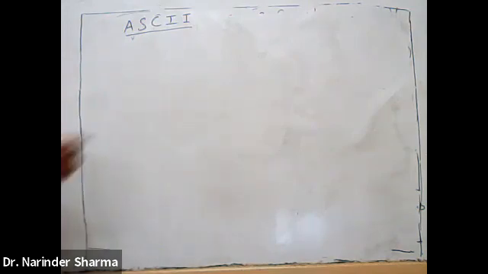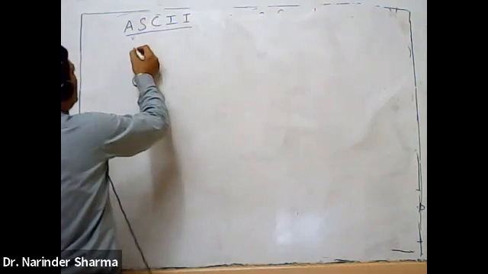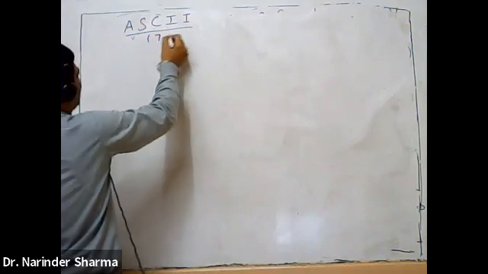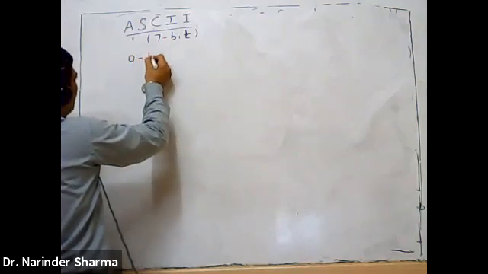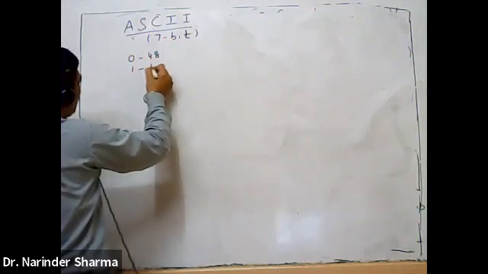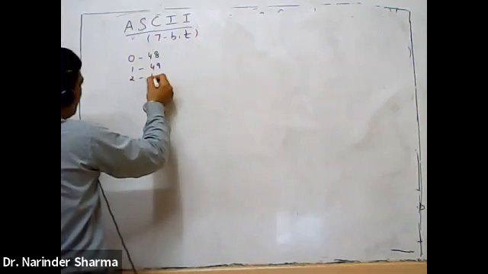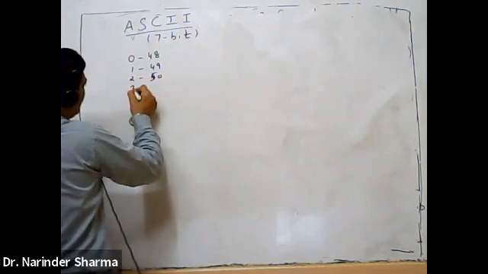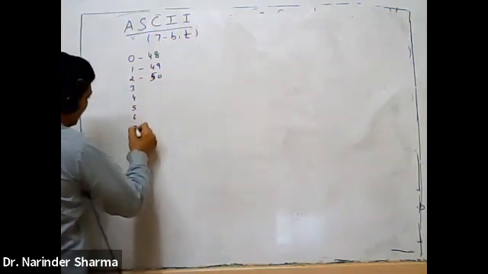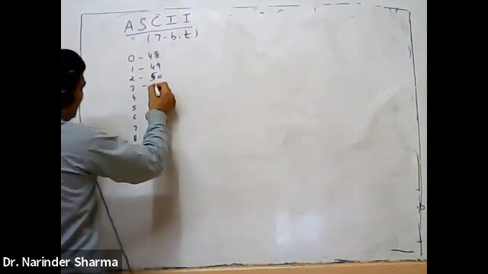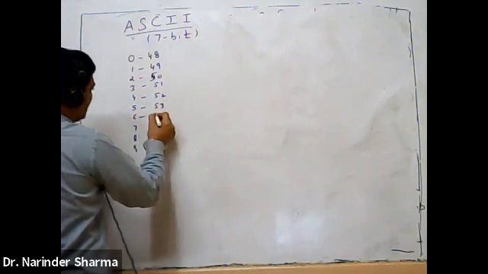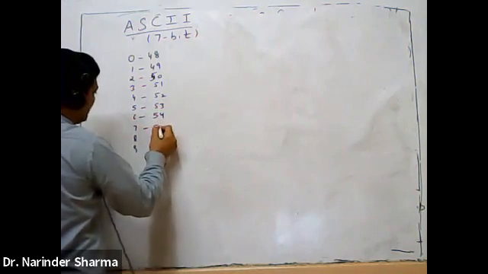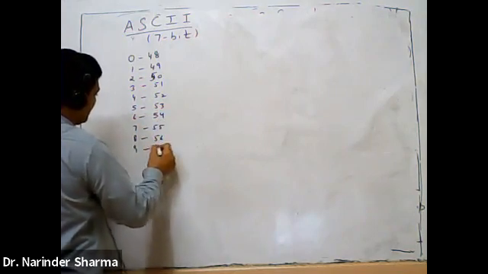Just to remember that ASCII code, normally we write it in 7 bits. 0 is said to be 48, 1 is 49, 2 is 50, 3 is 51, 4 is 52, 5 is 53, 6 is 54, 7 is 55, 56, 57.